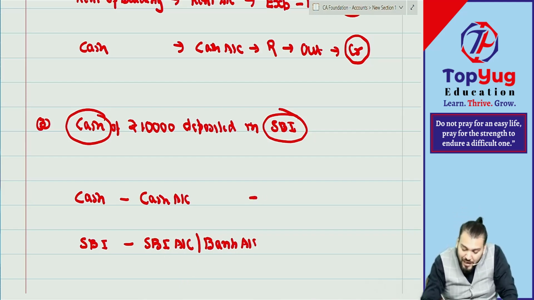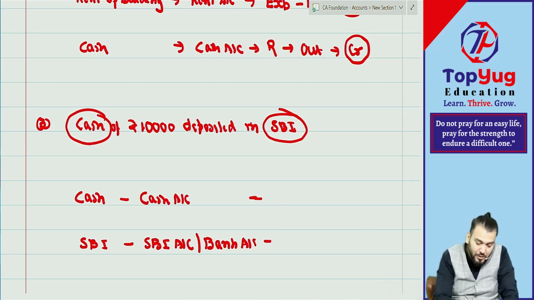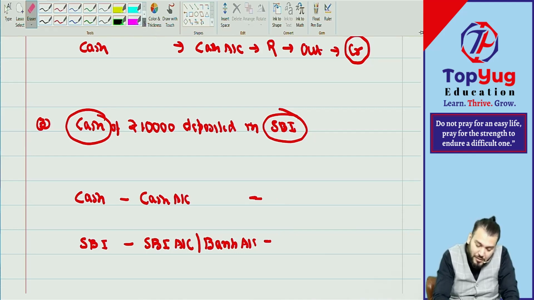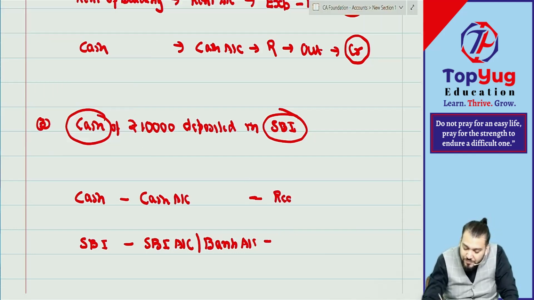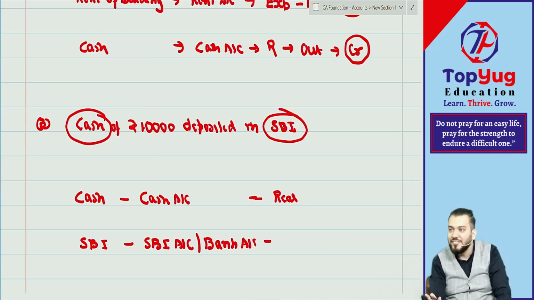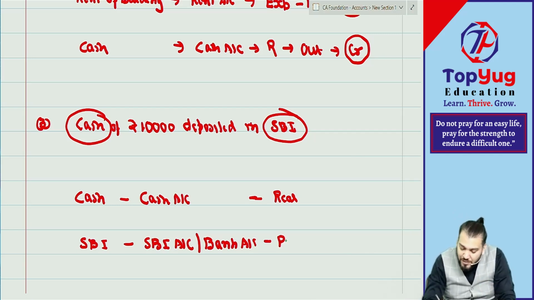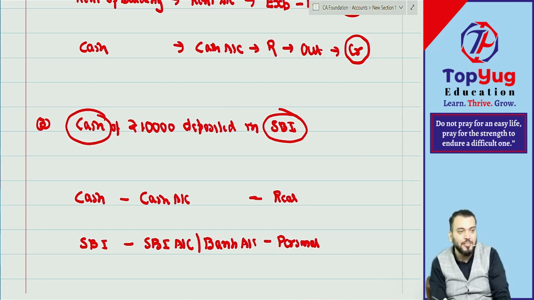Correct. But the cash is what? First say asset or income like this. It is an asset or not? And bank is what? Okay, you say real like this. But this cash is a real account. Why? Because it is an asset of business. Correct. But this bank is a personal account. Why is it a personal account? Because it is related to a person, artificial person or representative personal account.